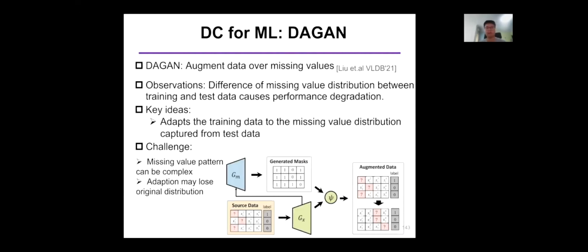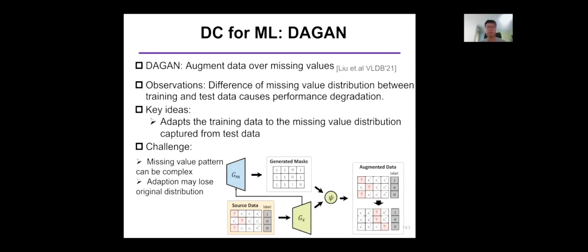Then DAGAN also focuses on the difference of the distribution of missing values on multiple attributes between training data and test data. This often causes performance degradation on test data, and it is a common scenario because a single trained model is likely to be used in different test cases with different missing value distributions.